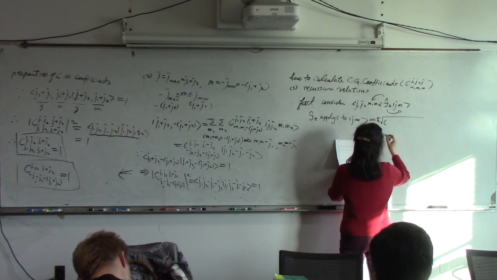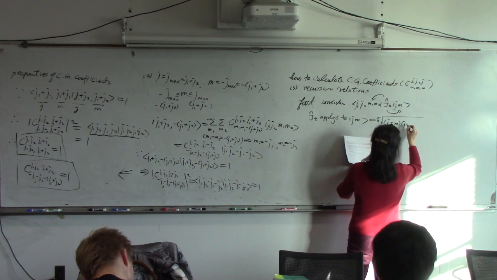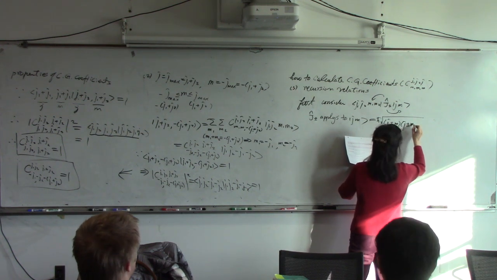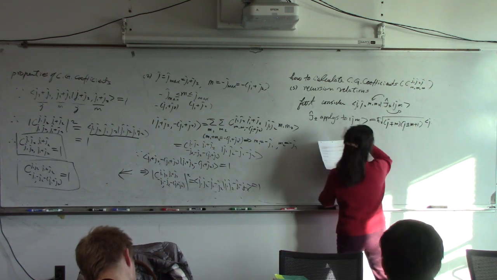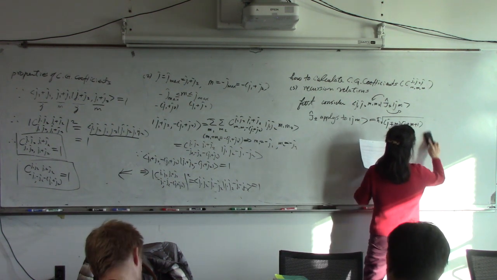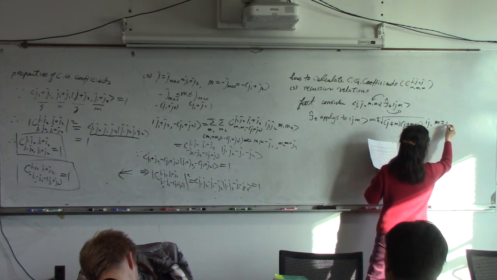Let's go back to chapter 5, you remember? So that is J and M plus minus 1, right?